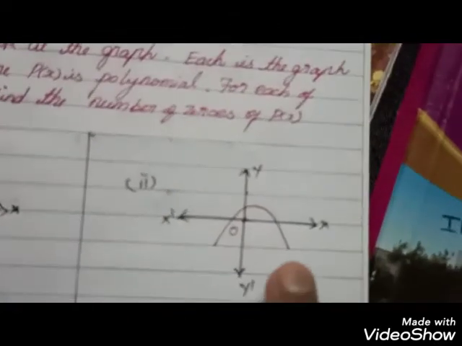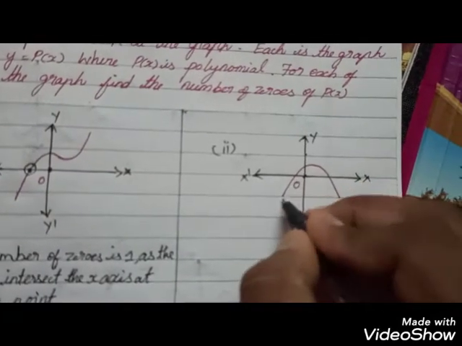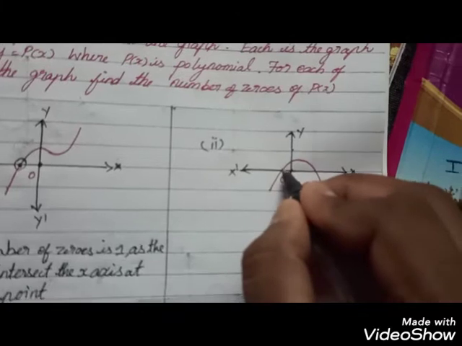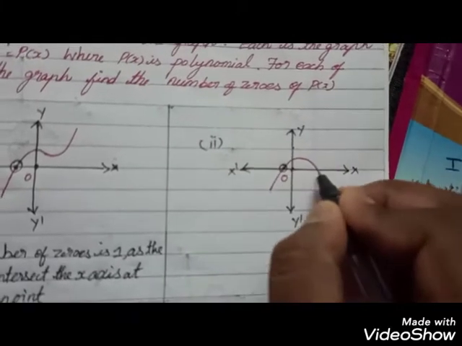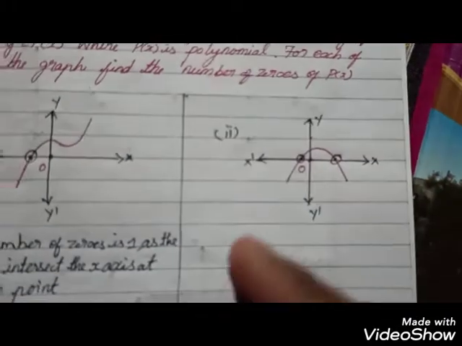Now we observe the second graph. In this graph you see the graph intersects at 2 points. Now how many zeros are there?